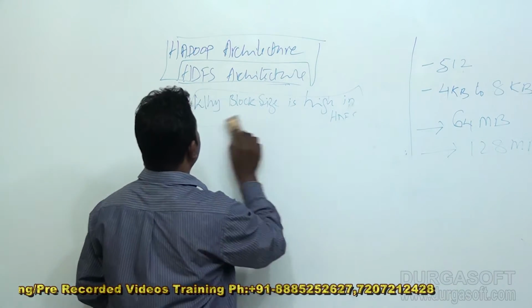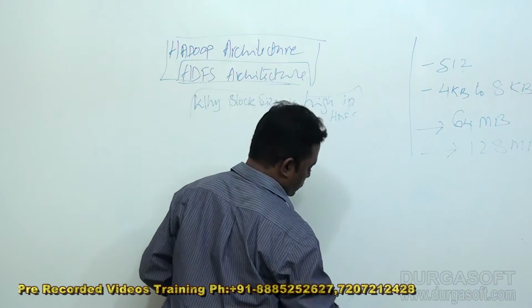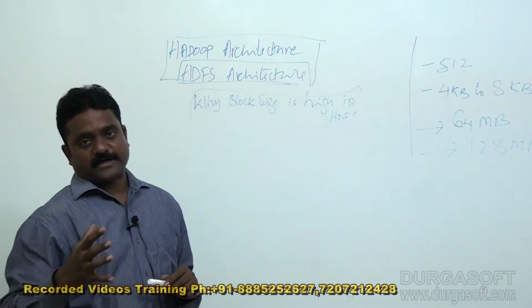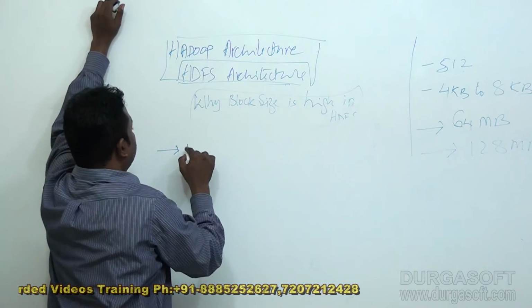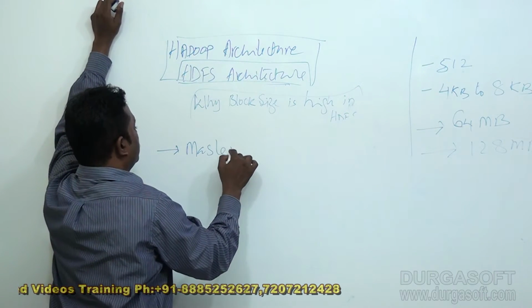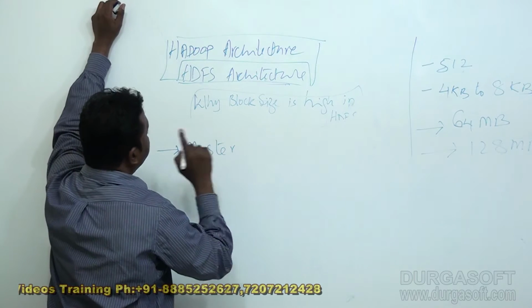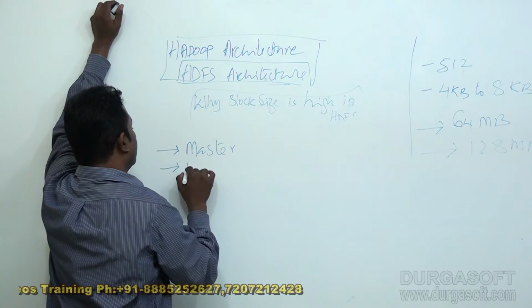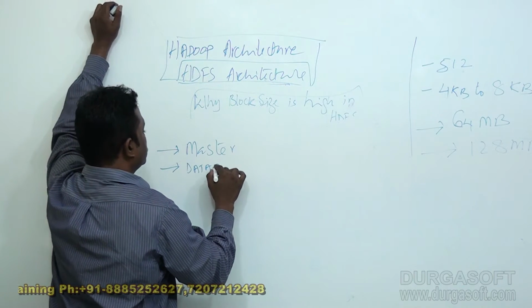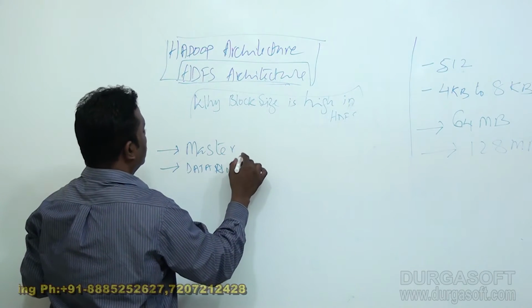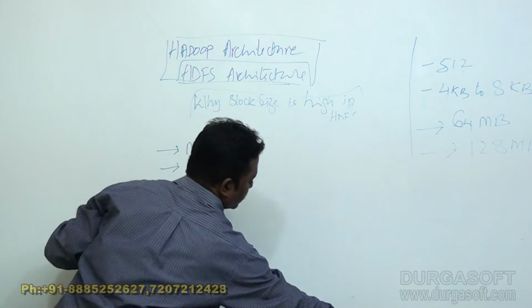Now we know what a block is, and we know what the different things on a cluster are. We have studied the master and the slave machines, which we call data nodes.